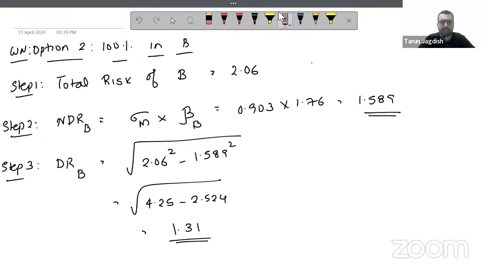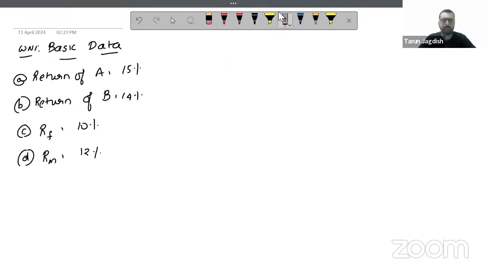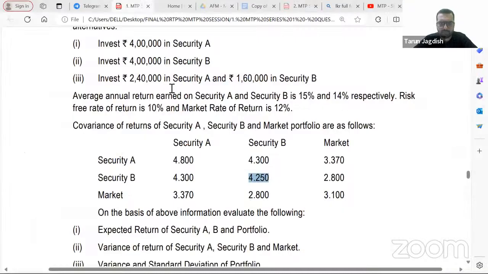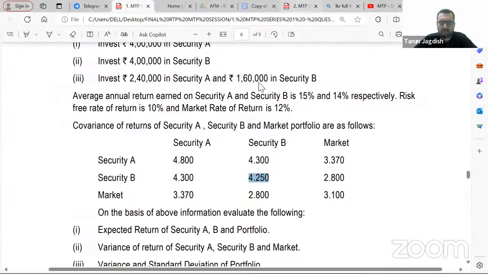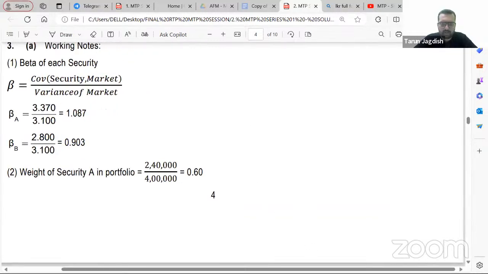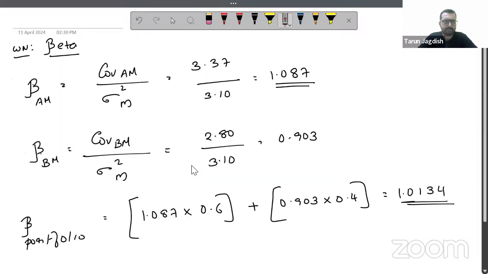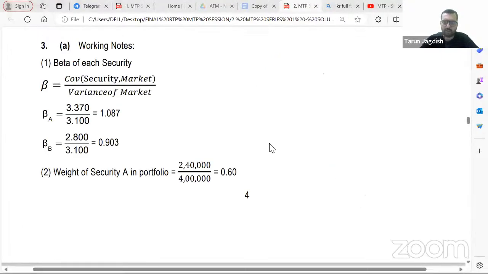Let us cross check the answer, friends. Let us check with the solution one by one and see if we have got the answer correct. Yes, the beta, they have got 1.087. Let's take the beta part. Yes, 1.087, that's correct. 0.903, that's also correct. 0.60 is not beta, that's something else.